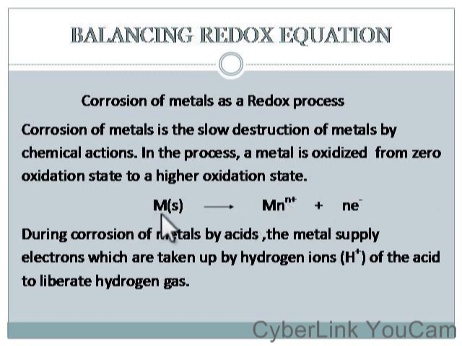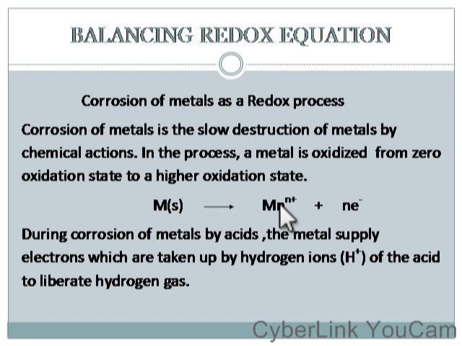I'm representing the metal with M. During corrosion, it is oxidized from 0 to plus n, a higher oxidation state. The n can either be +1 or +2, so n may be 1, 2, or 3. It depends on which type of metal. And then with a release of electrons, because this metal will have to release electrons before it becomes oxidized.